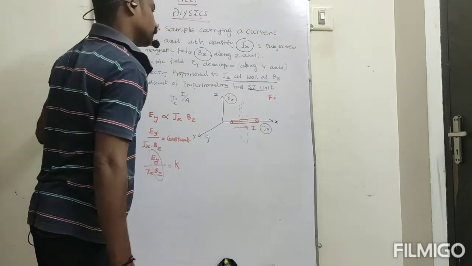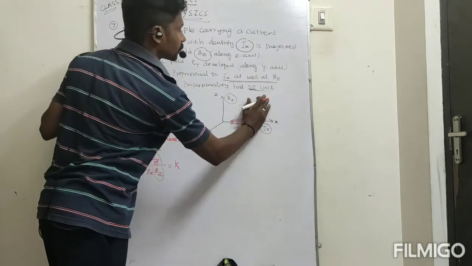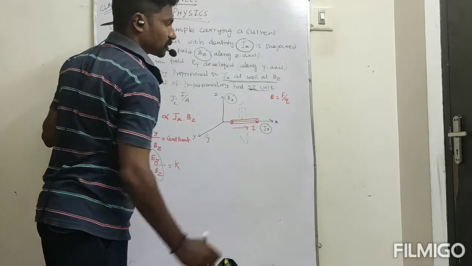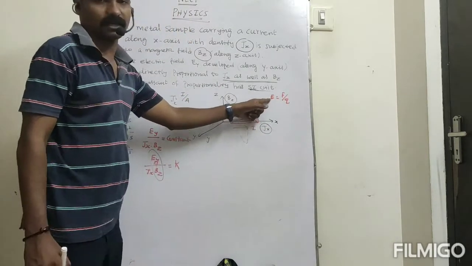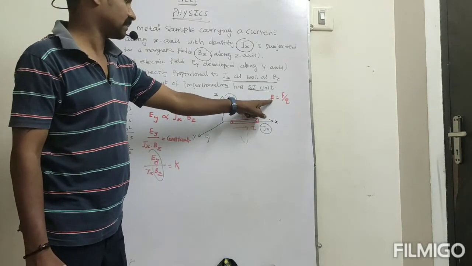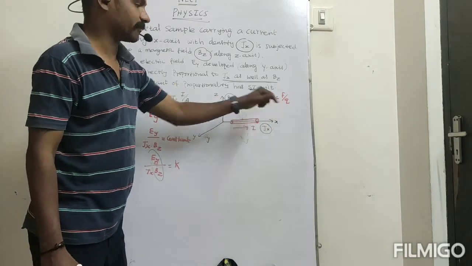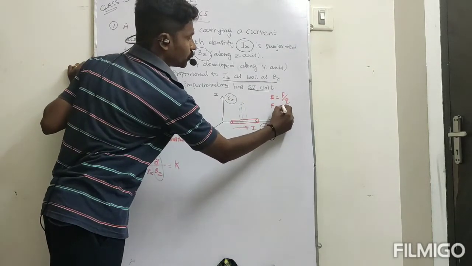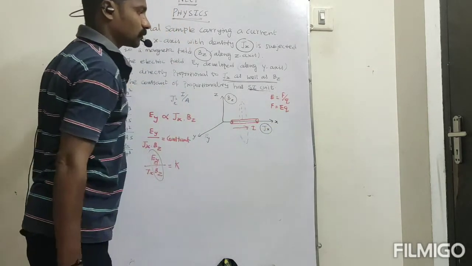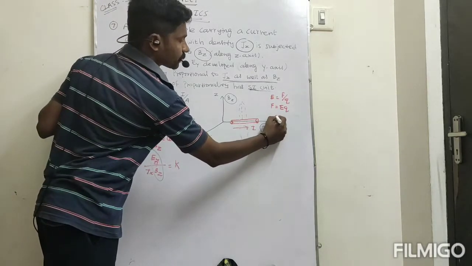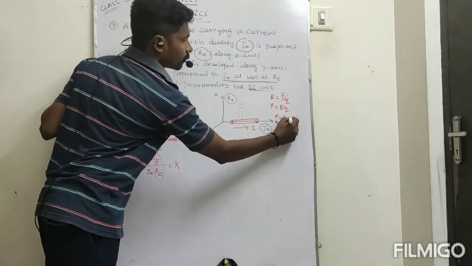Electric field is equal to force acting per unit charge. This is one of the formulas you will study in the electrostatics chapter in 12th standard. Therefore electric force is equal to EQ. Then another one, the magnetic force, F is equal to BQV.